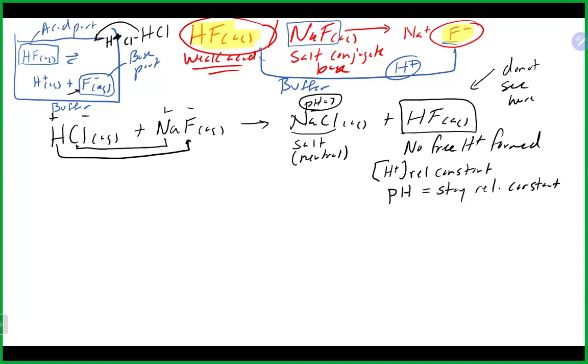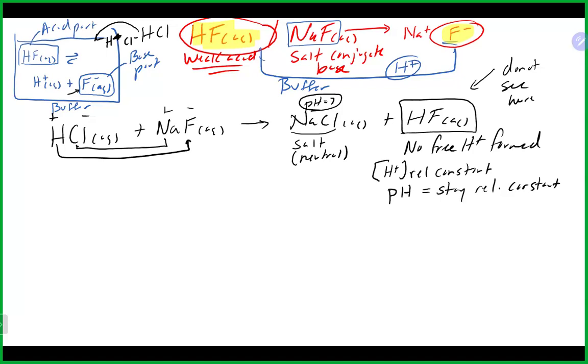It won't be a really, really big jump in pH. So it'll just drop a little bit. You won't see it go from, say, a pH of 5 all the way down to a pH of 1. So you won't have that giant jump, but you will have a small incremental change in terms of the pH.